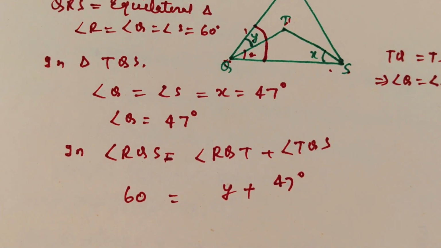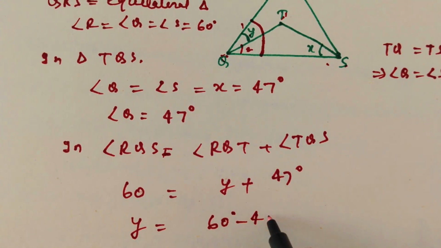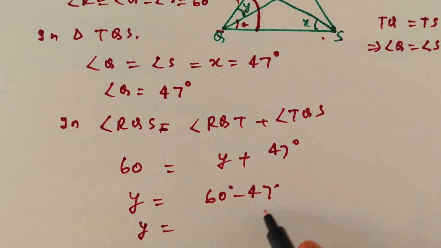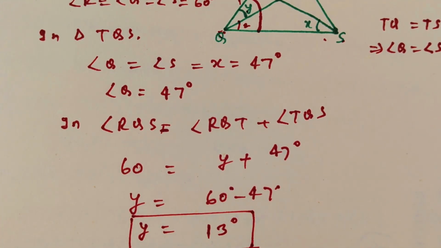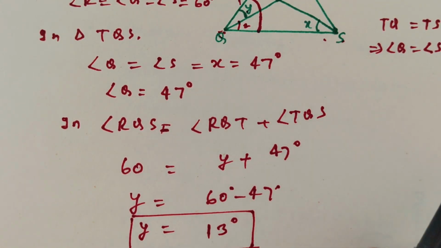On this basis, Y equals 60 degrees minus 47 degrees, which gives Y equals 13 degrees. This is the final answer, and I got it using the properties of both triangles.